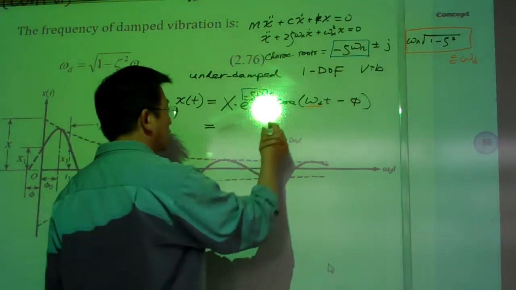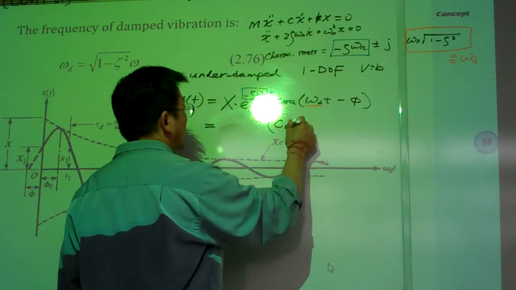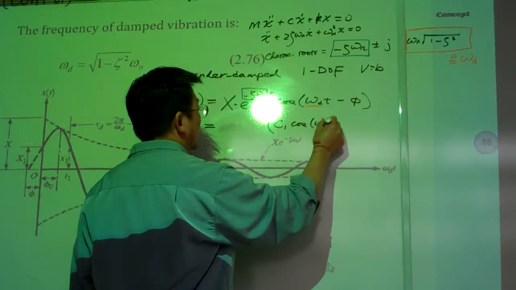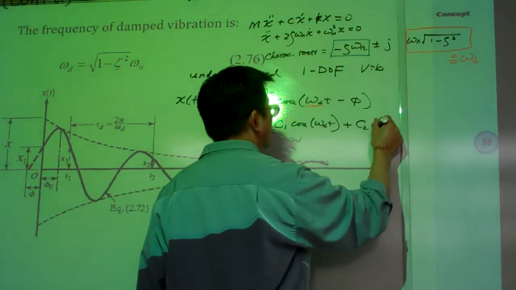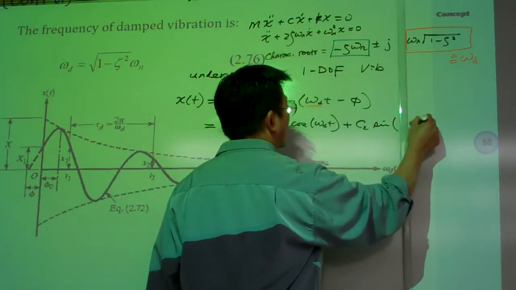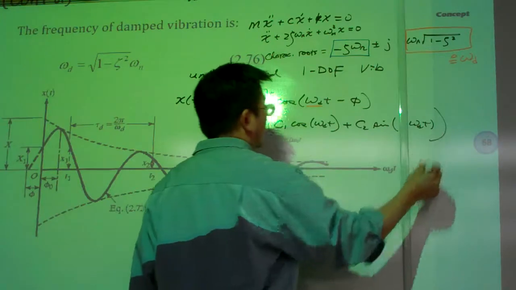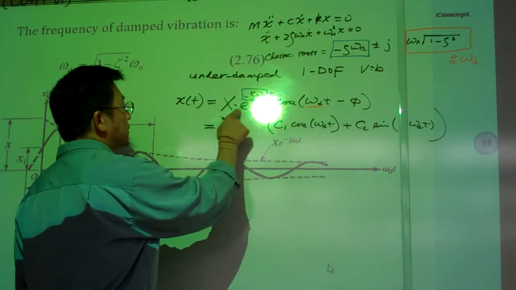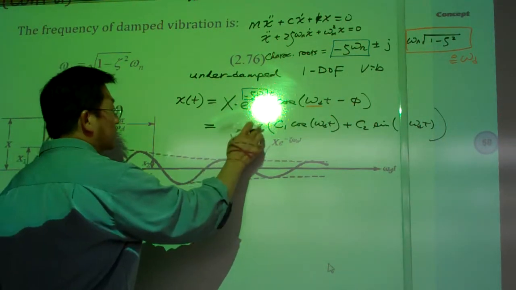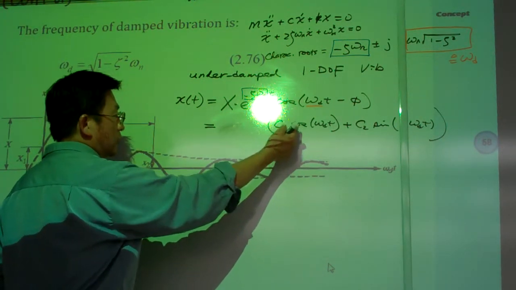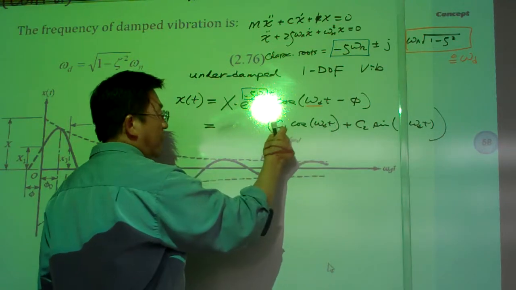So the equivalent form is C1 cosine omega d t plus C2 sine omega d t. Basically X with cosine can be expanded into a combination of cosine and sine with certain magnitudes.